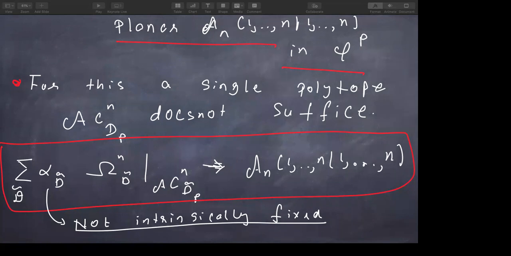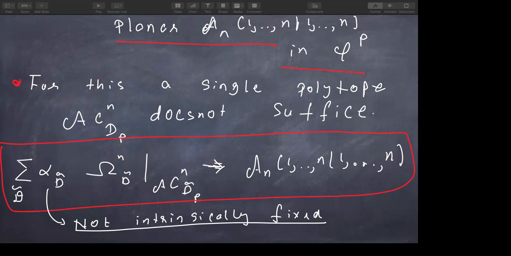But here comes a catch: these alphas are not fixed intrinsically from the positive geometry or from the Accordiohedra. The only way we fix alphas is to say, okay, we want an amplitude, so we know that the residue of each channel has to be plus or minus 1. And that can be used to fix these alphas.